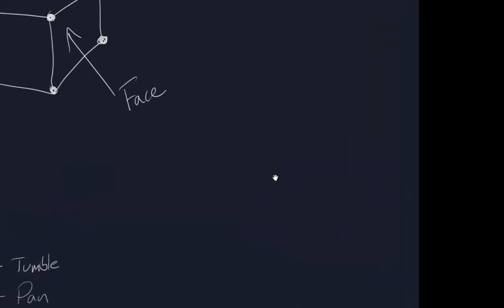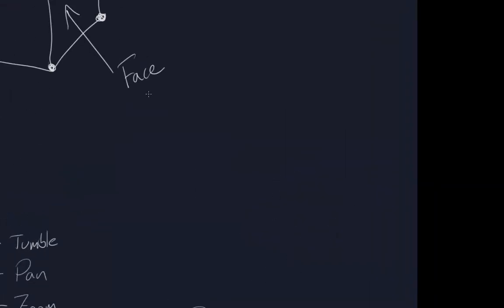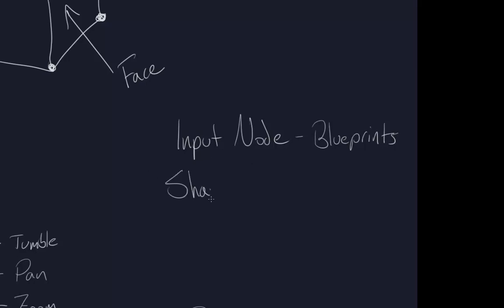Now what I'm showing you are the default nodes that are created with any new object inside of Maya. So you start off with an input node. Think of this like blueprints. Next, you have a shape node.